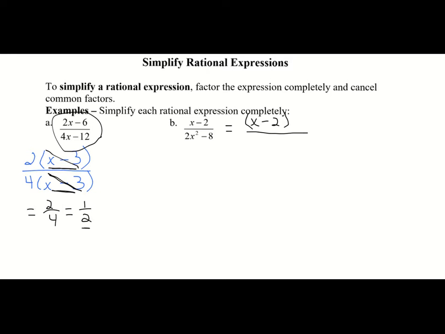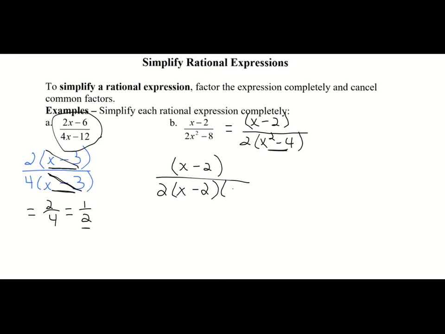I can pull out a 2, so it's going to give me 2 times x squared minus 4. And then I do notice that this is the difference of perfect squares. So I can factor that again. So I have x minus 2 over 2 times x minus 2, x plus 2.